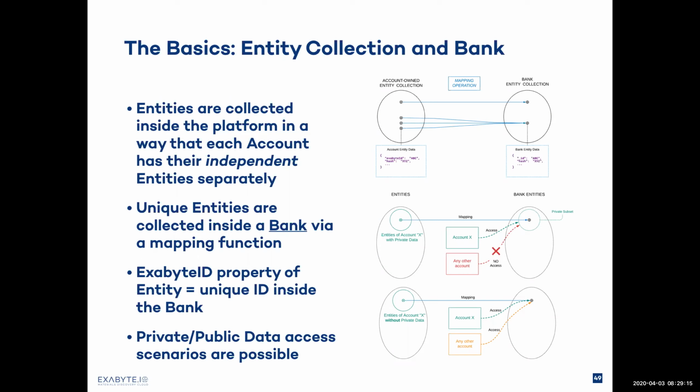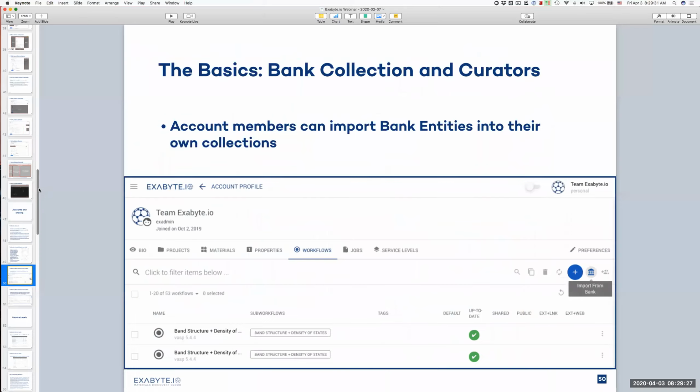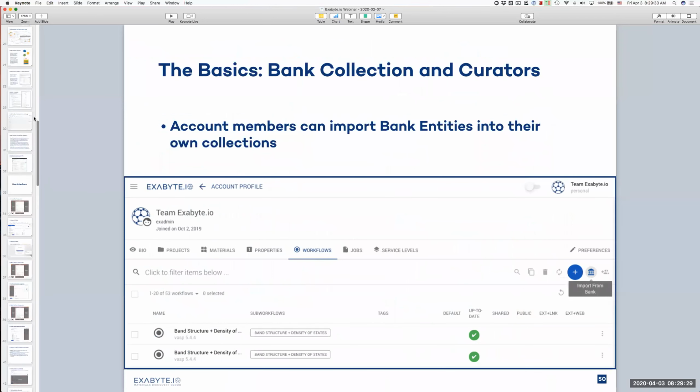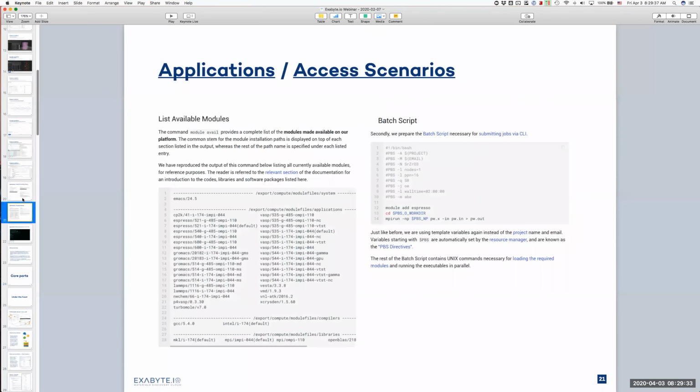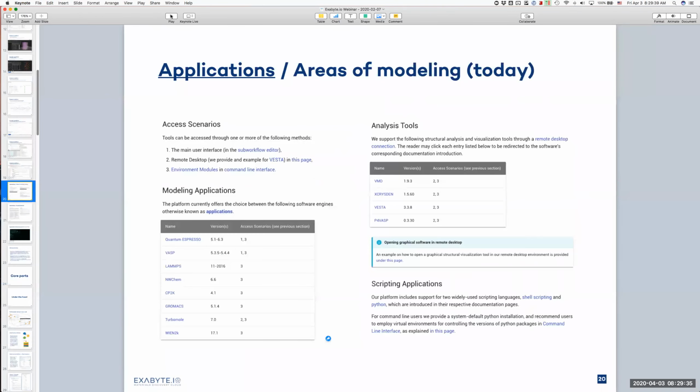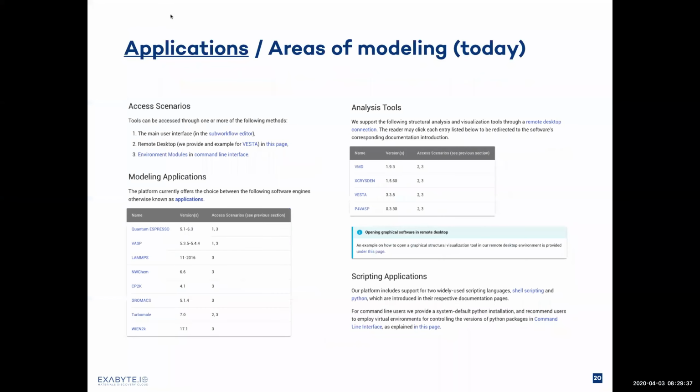And there is another question about, do you support only QE and VASP? And the answer is yes, we support only QE and VASP at the level of the user interface. So if you look back in here, there are different types of access to the platform, right? Through the user interface, through the RESTful API, through command line.